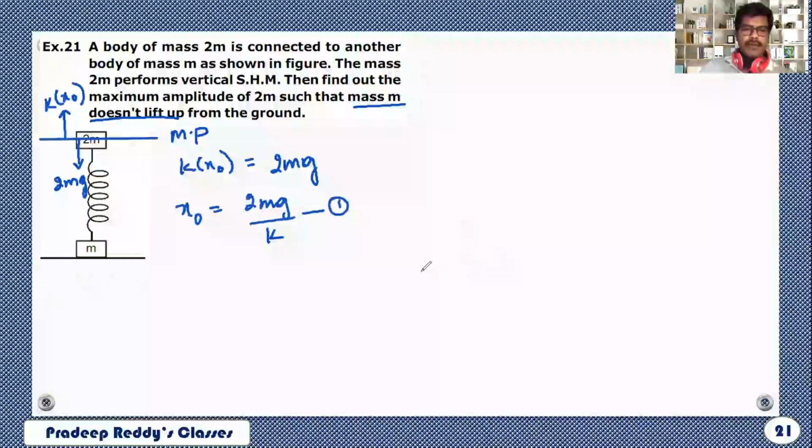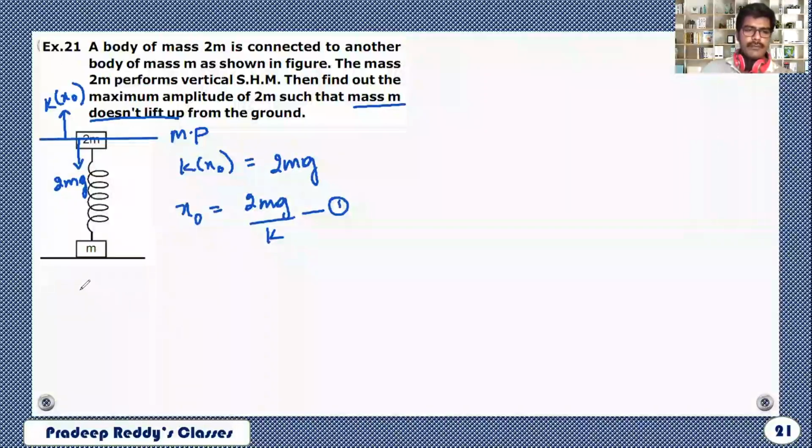Now as we know, the mean displacement of this 2m mass is 2mg divided by k. That will be in equilibrium position. Now you are quietly disturbing this 2m mass.